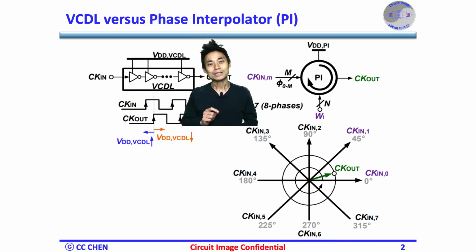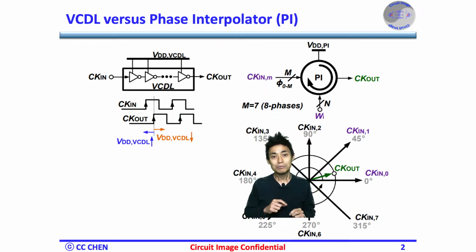The only difference is that the VCDL only needs a single phase input clock, but the PI may need multiple phase input clocks as the reference phases to generate the interpolated phase from any two selected phases based on the weighting.